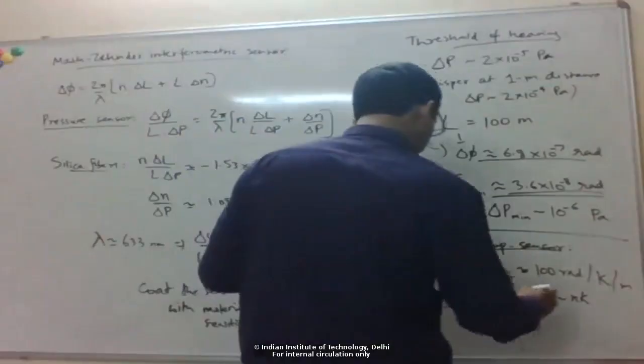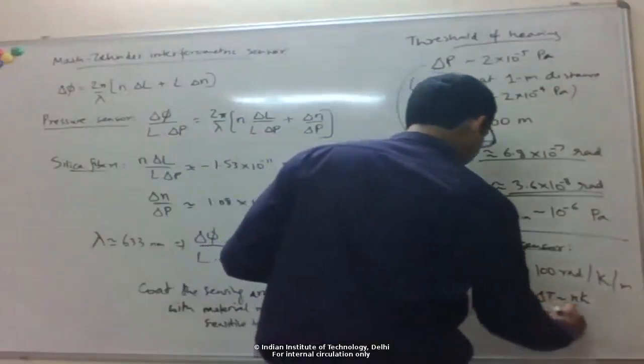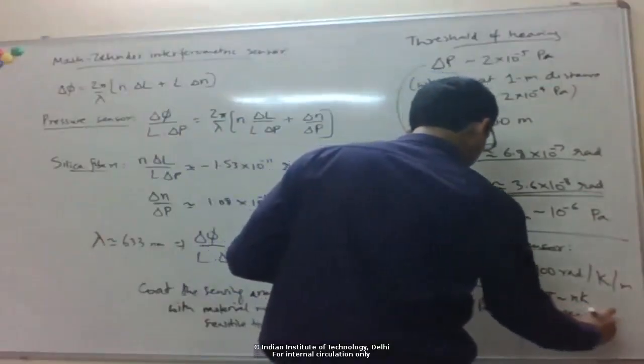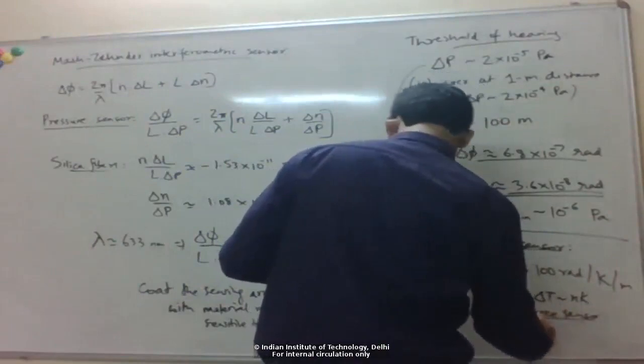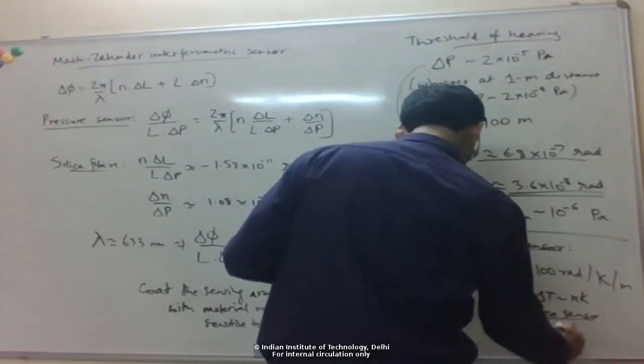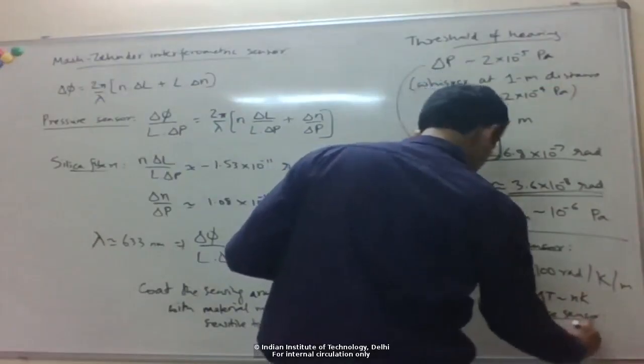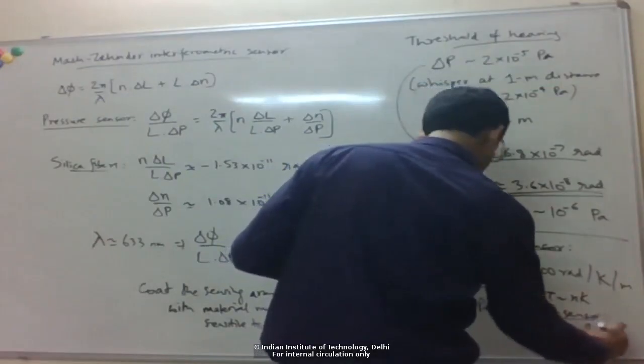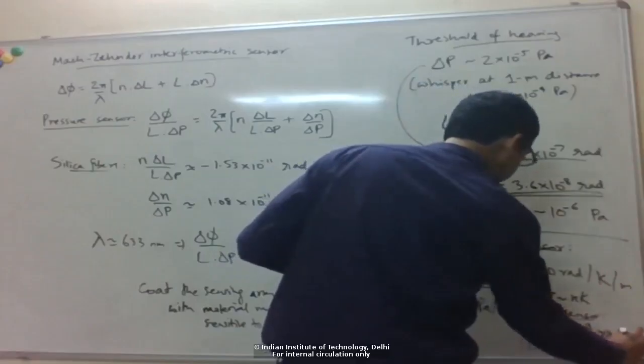Similarly, you could have a force sensor. So this quantity is now about 10 to the 4 radian per Newton per meter.